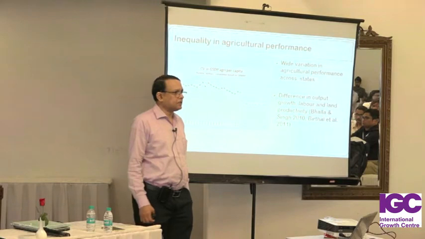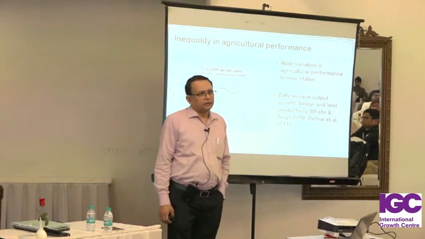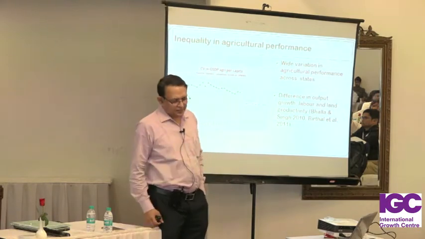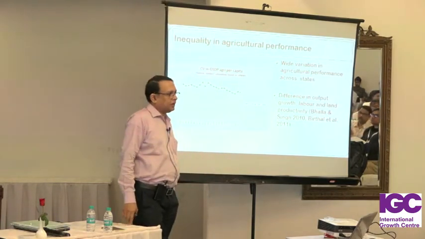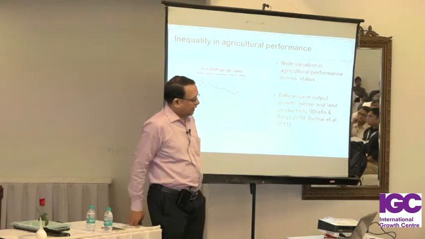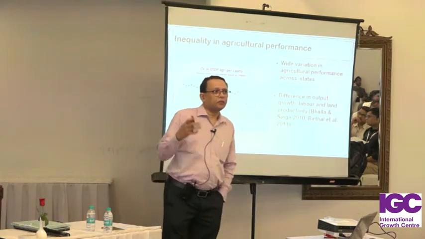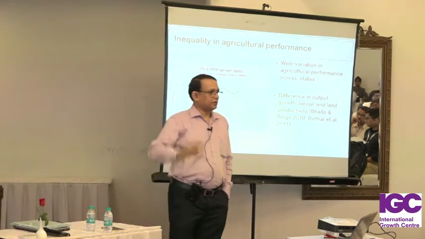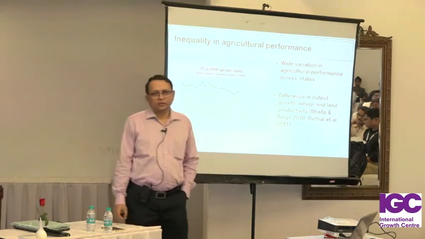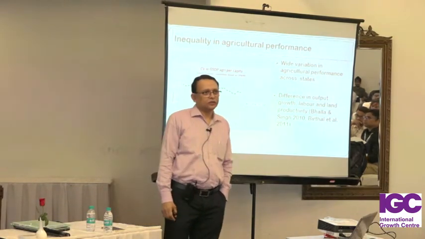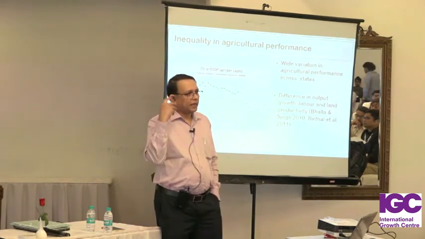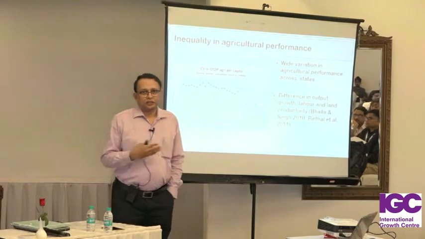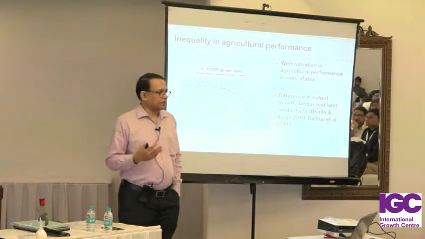There's a huge literature right from the 1960s, and even in the old plan documents, the third plan, fourth plan, and so on, people were concerned about the spatial variation in agriculture.